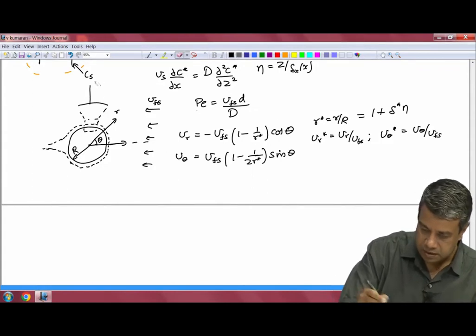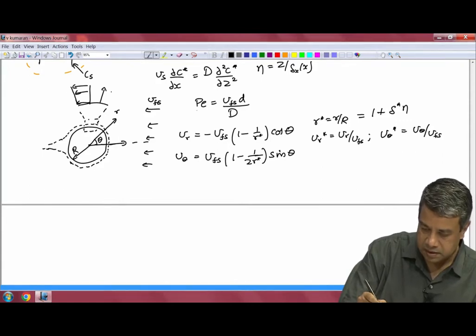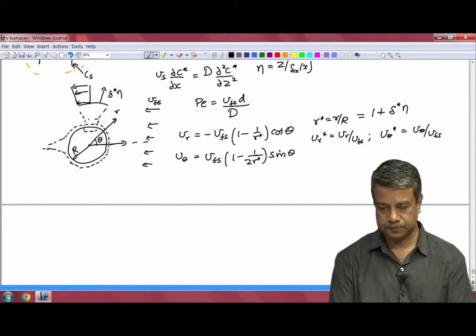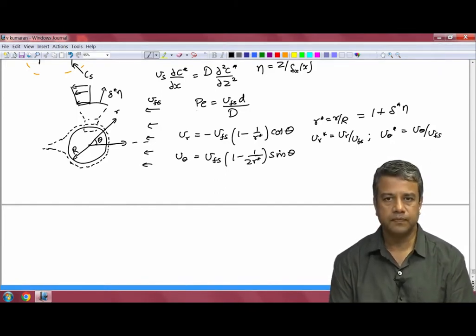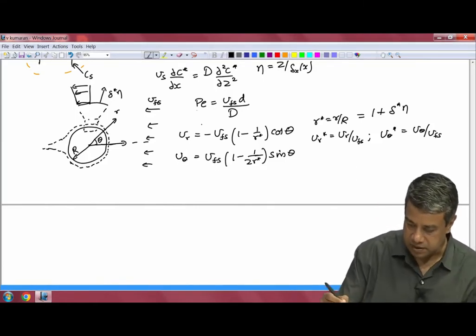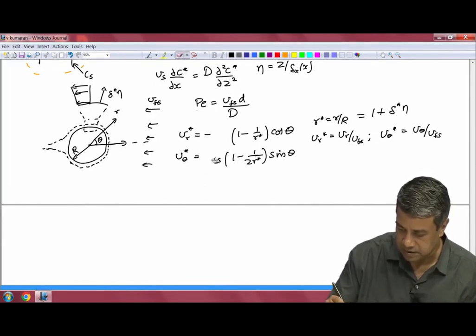Note that the velocity is going in the plus theta direction, and this is delta star times eta. The scaled distance from the surface is delta star times eta. So, these are the scaled velocities, just obtained by dividing by the free stream velocity.